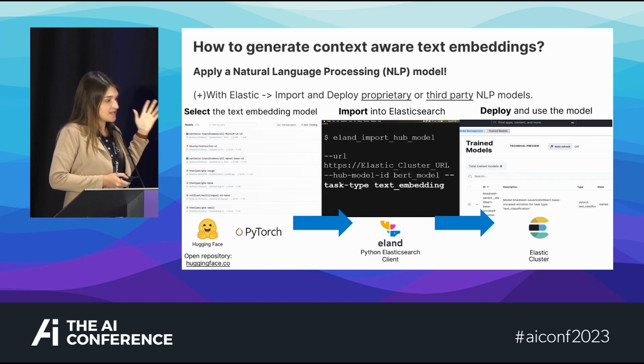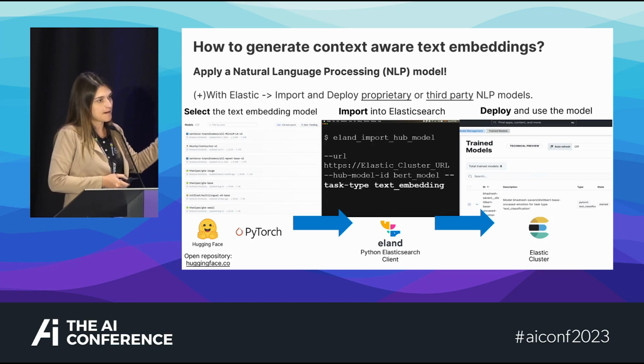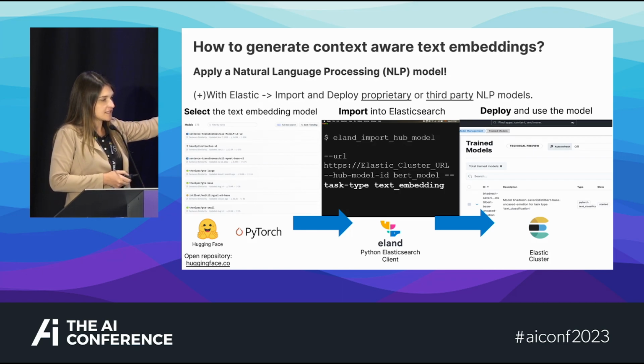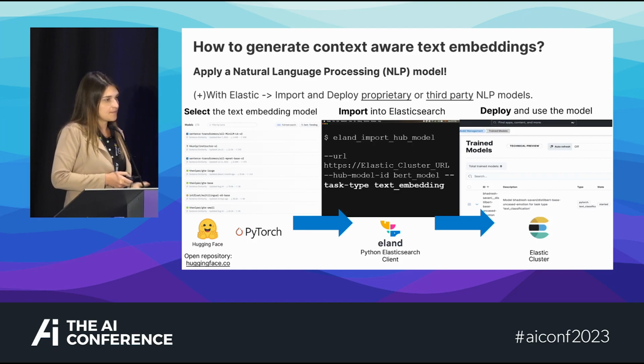So this is the point here, and you apply a natural language processing model, a transformer model. Basically, with Elastic you can import and deploy proprietary or third-party NLP models. If you want to use Hugging Face, for example, you select the model, you copy the name, you use our Python client, and by selecting the task type, text embedding, you are able to import it into Elasticsearch.